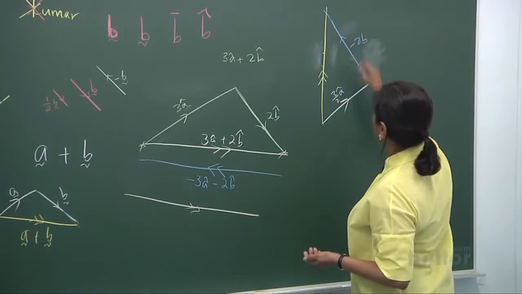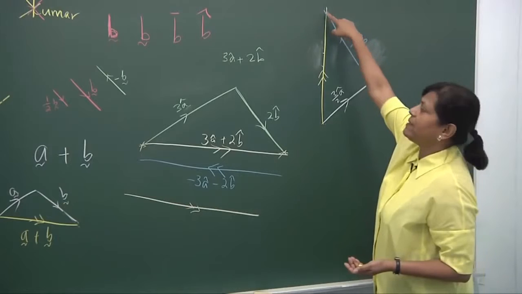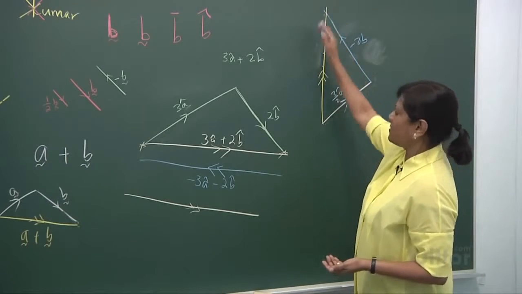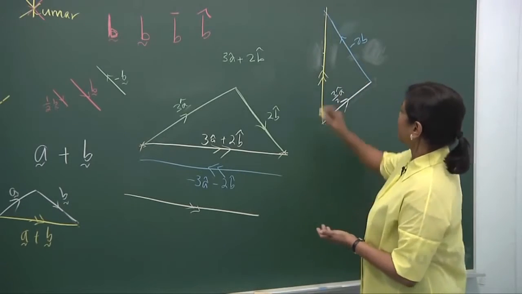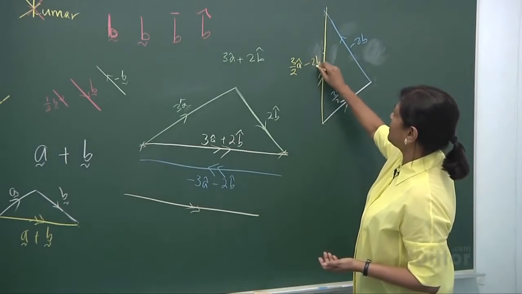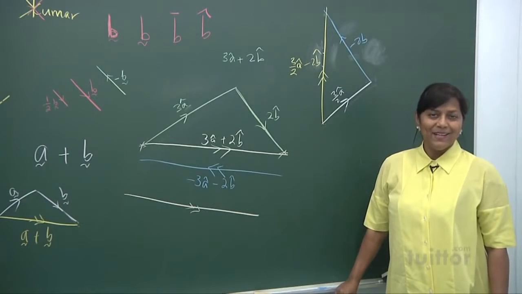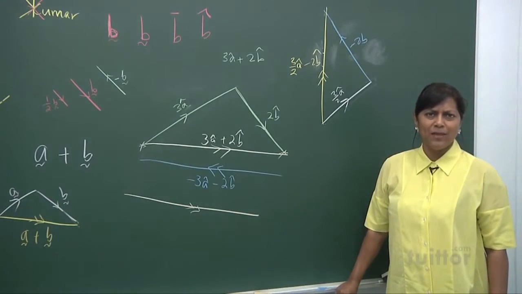This is a minus 2B. So look at this again. 3 over 2A minus 2B gives us this resultant vector. This is what we get. Right? Okay, good, then you understood them.